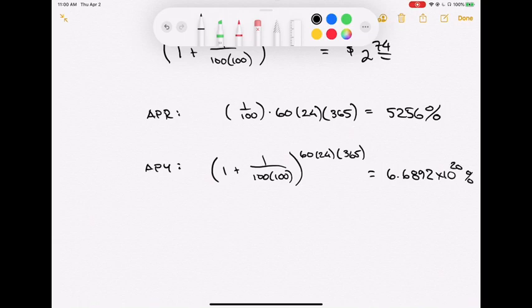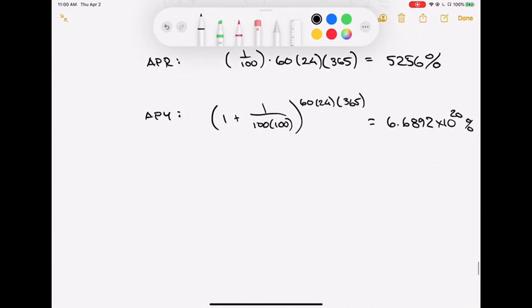What I can tell you is that this is absolutely gargantuan. It is astronomically large. If you took that $1 loan and you didn't pay it off in a week, but you waited a year, we could take that amount. So $1 would go to something like $6.6892 times 10 to the 20th.